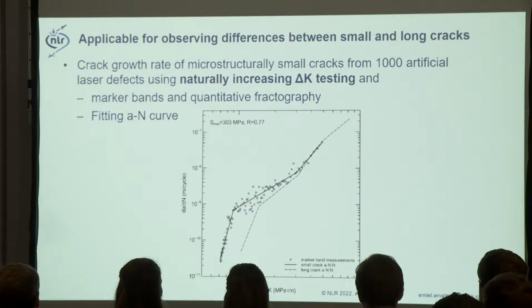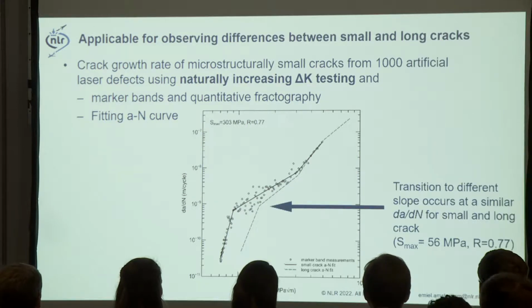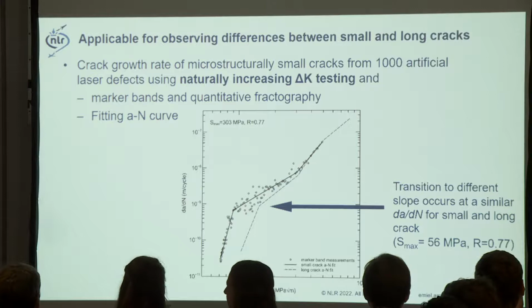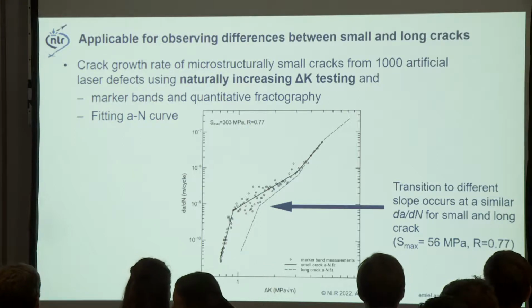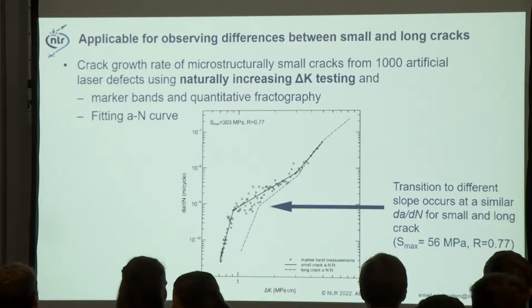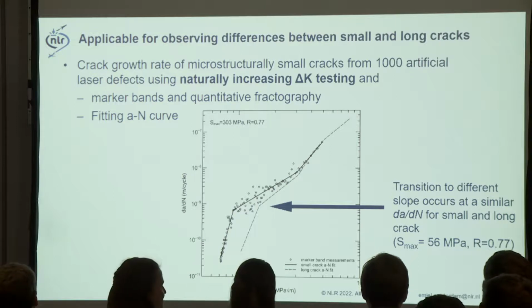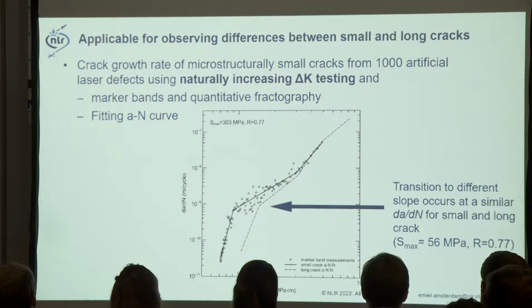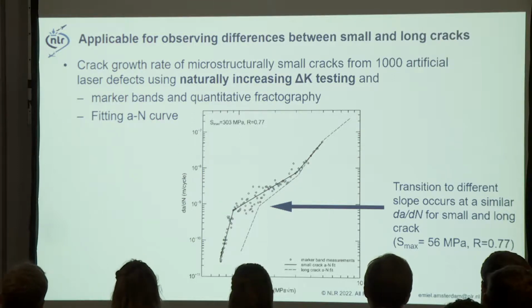Here we can see that the transition to a different slope occurs at a similar crack growth rate for small and long cracks. Both are at the same stress ratio and the same increasing delta K testing. So there is still a difference between these two, and therefore the change in slope is at a similar crack growth rate.